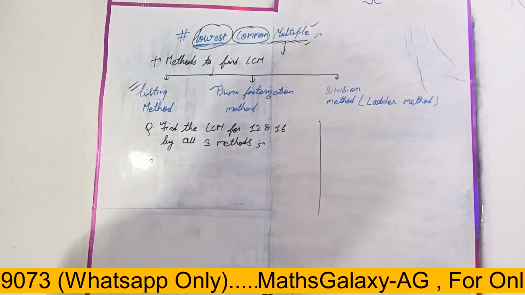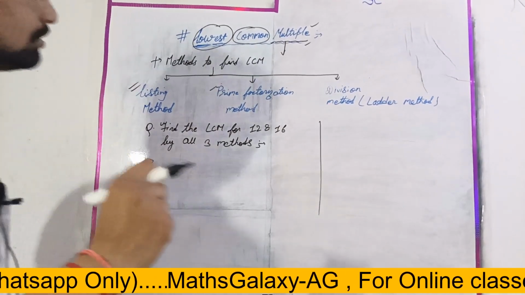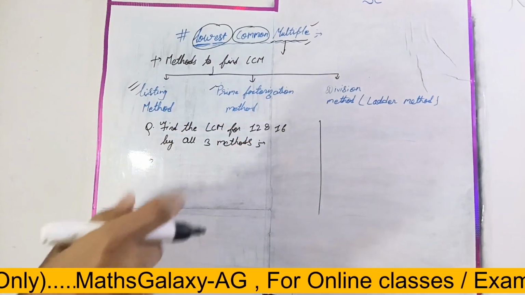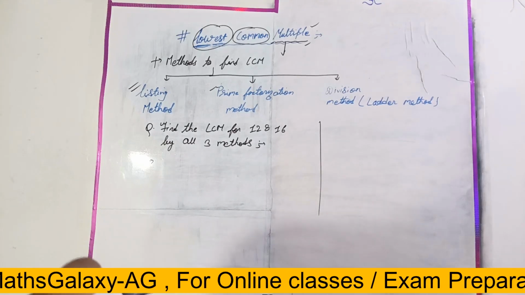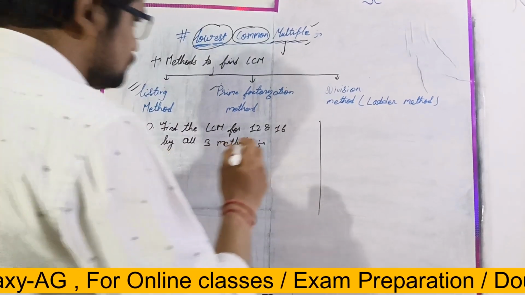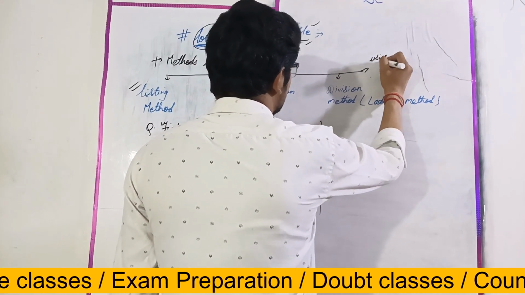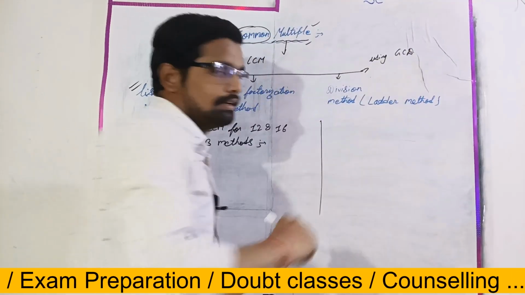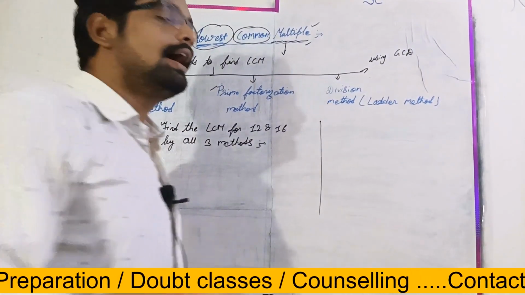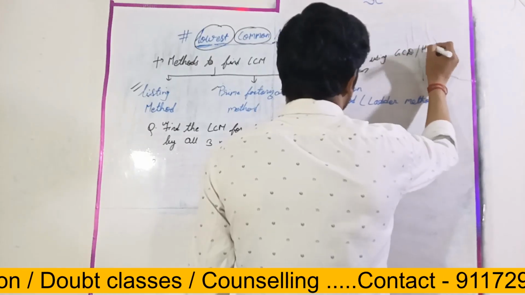One more point, we can also use a different method, that is using the greatest common divisor, GCD, or HCF, both are the same, highest common factor.